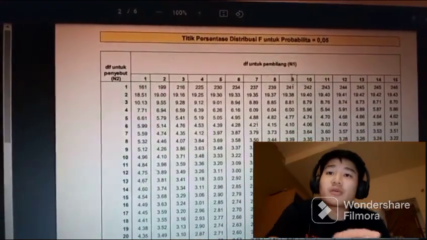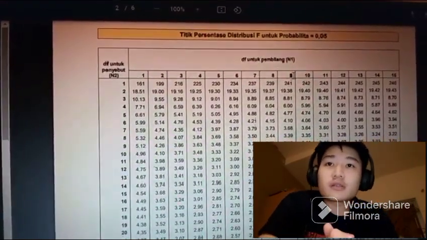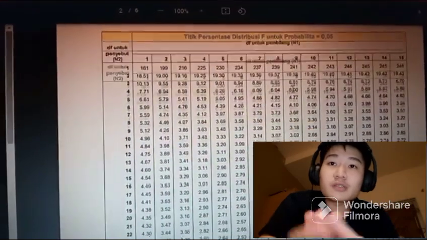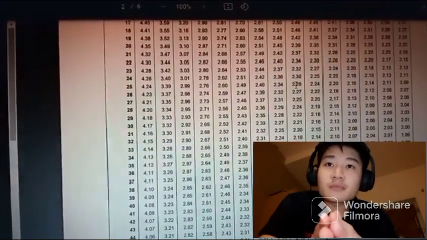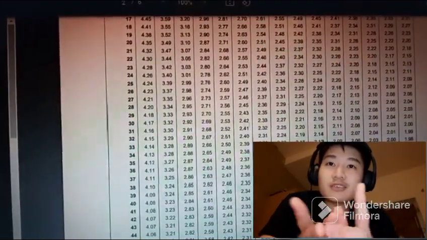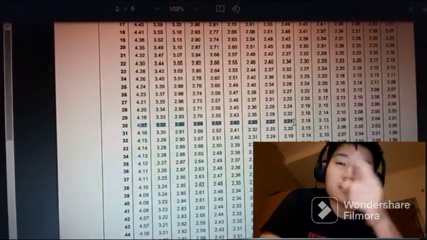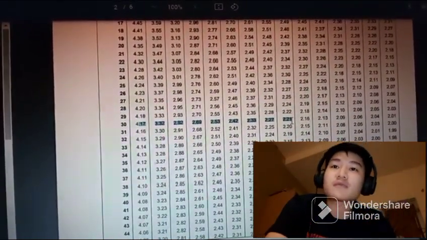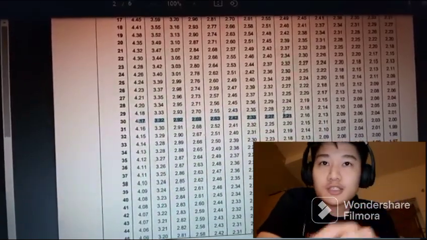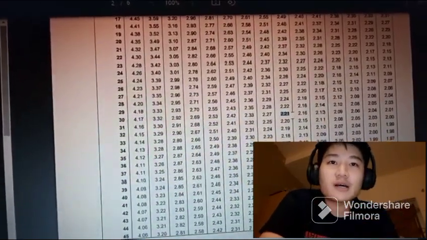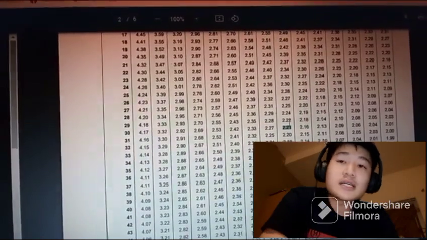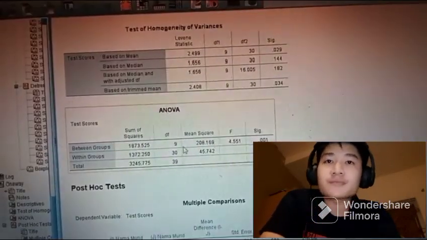As we already know the degrees of freedom, we can determine that 4.551 is more than the critical value. So that means we can prove that the hypothesis H0 is wrong.